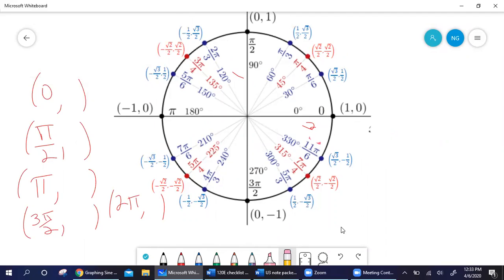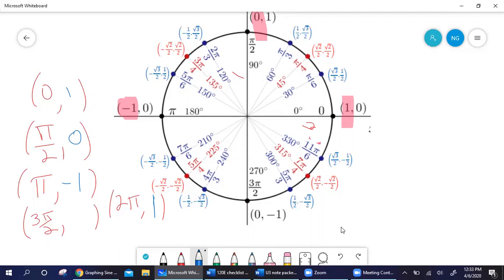But now, when I go to those angles, I'm focused on the x coordinate on the graph. So 0 radians goes with 1 for the cosine, which also means at 2 pi, it goes with 1. At pi over 2, the x-coordinate is 0. At pi, the x-coordinate is -1.